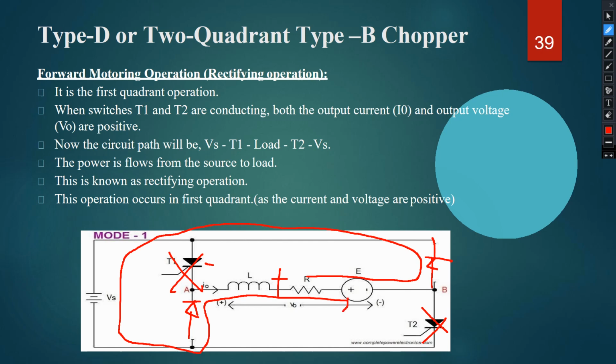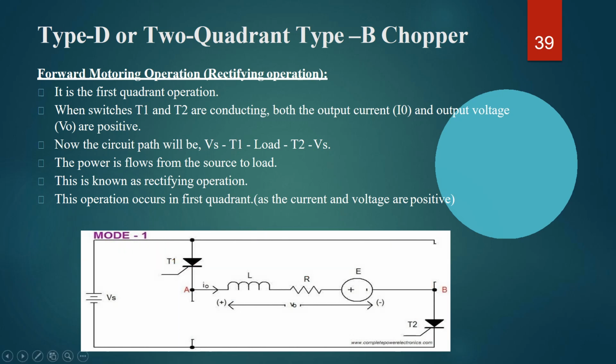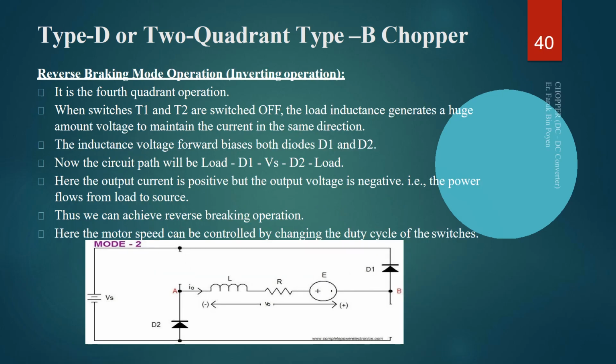That means the motor will then slow down, so omega will decrease, and the power is returned back to the supply. You can see this is known as regenerative braking. So this part I have just now explained, that is the regenerative braking part.